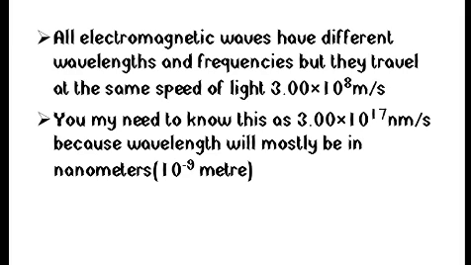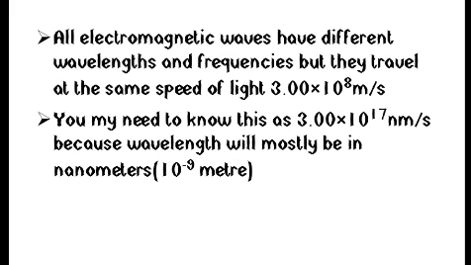That is because mostly when we do calculations, the wavelength will be expressed in nanometers. The wavelength, as we deal with light, is too small to be expressed in meters. So you would want to remember the 3.00 × 10^17. It's actually the same, except it's converted to nanometers per second.